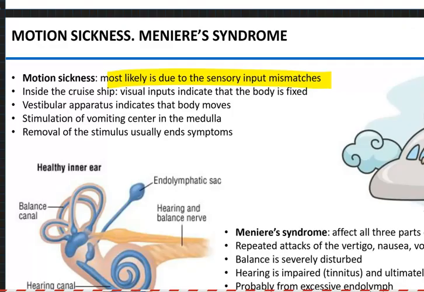Now, what happens in case of mismatch? For some reason, people still don't understand how, that mismatch creates the signal that stimulates the vomiting center in the medulla oblongata, and you have nausea. Okay? So, Dramamine, the anti-motion sickness drug, does not prevent the mismatch, it just blocks the vomiting center.